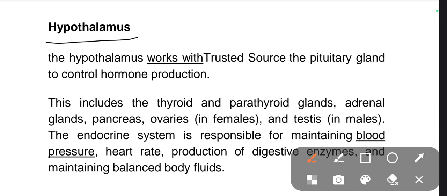The first one is the hypothalamus. The hypothalamus works with the pituitary gland to control hormone production.